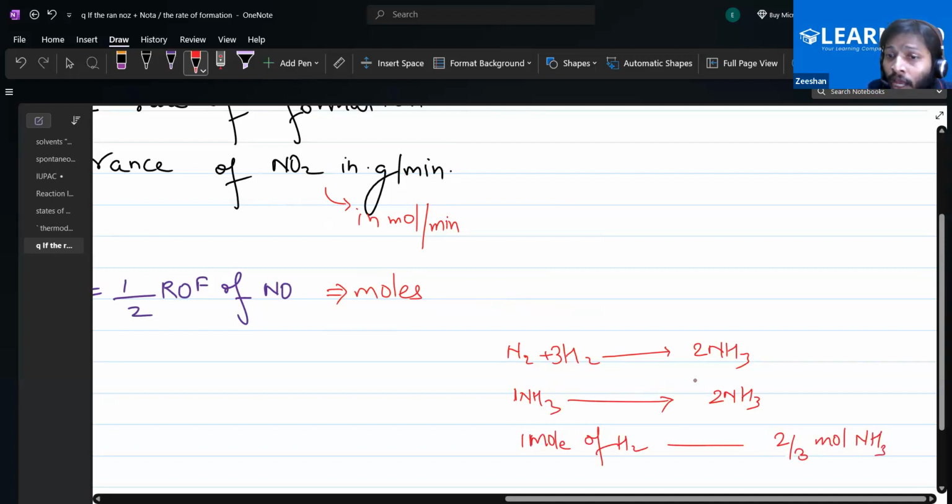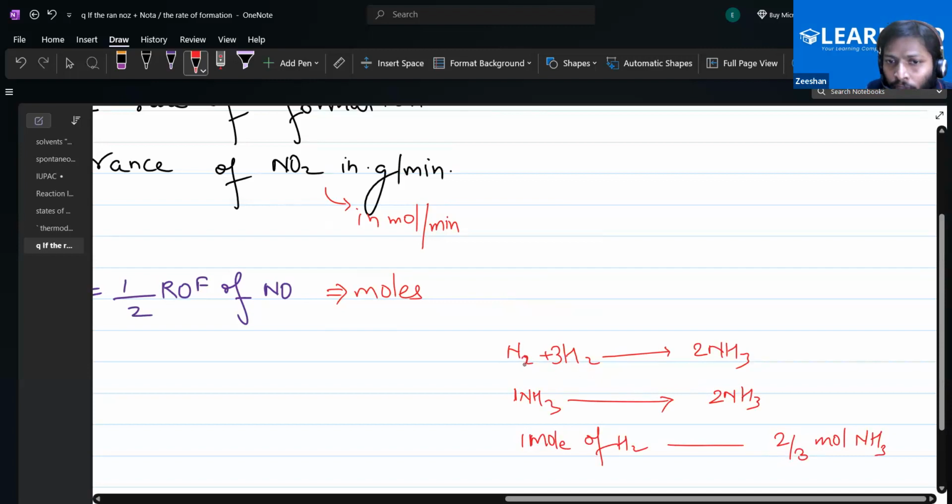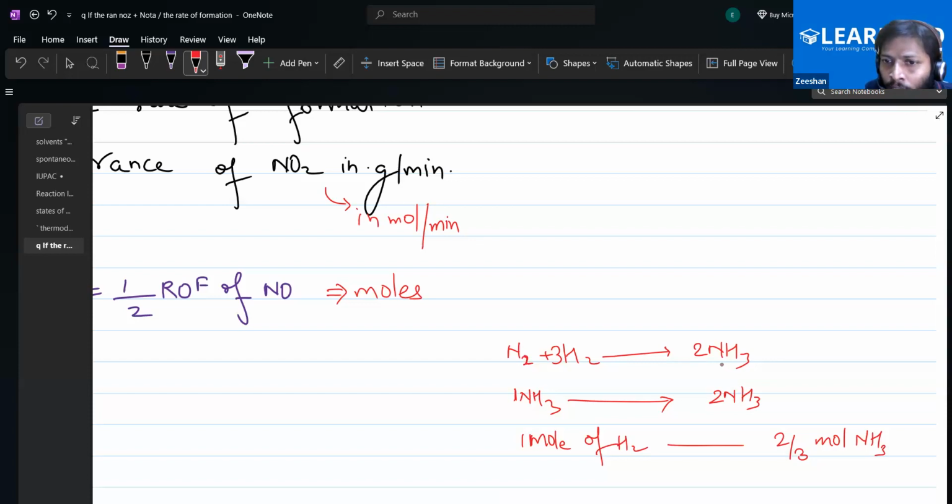So the ratio in moles is the same. Are you understanding that 1 molecule of N2 gives 2 molecules of ammonia, and 3 molecules of hydrogen give rise to 2 molecules of ammonia, right? Yes, sir. You can also say that 4 molecules of ammonia are made from 6 molecules of hydrogen and 2 molecules of nitrogen, right? So the ratio is the same in moles.